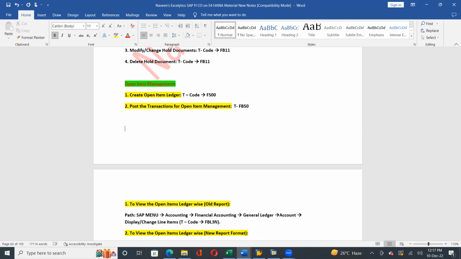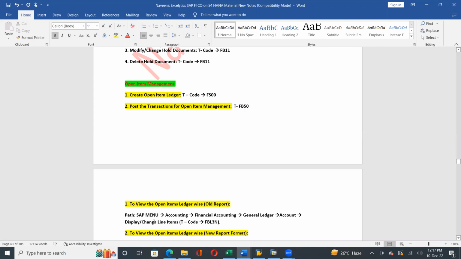Display or change line items. Write down the path.